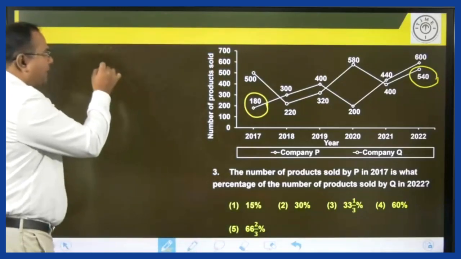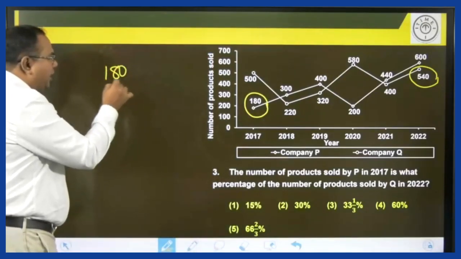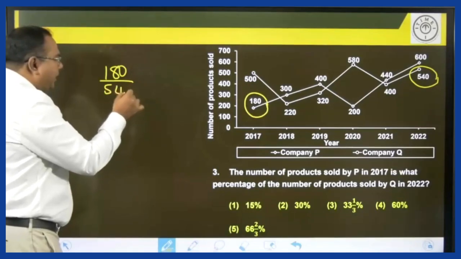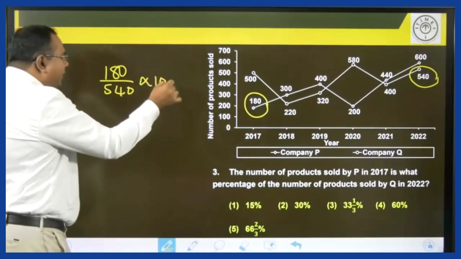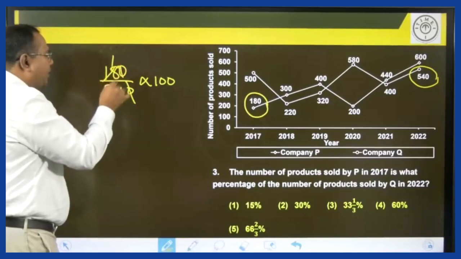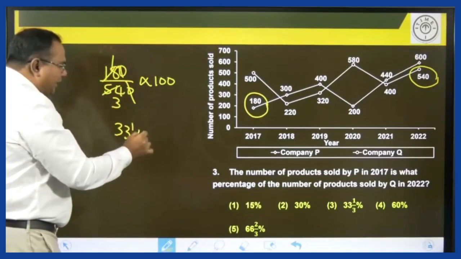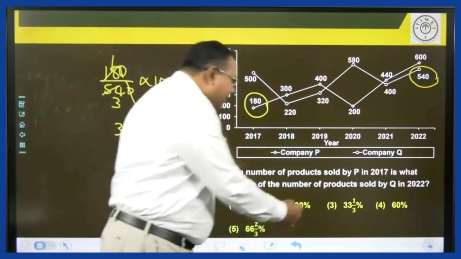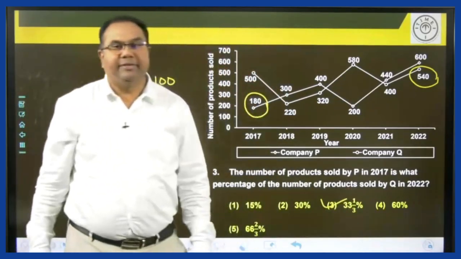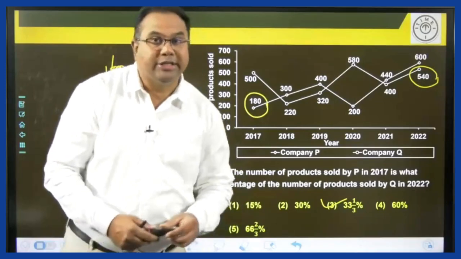So, P is what percentage of Q? P 180 upon Q 540 into 100. 180 by 540 is nothing but 1 upon 3. 1 upon 3 is 33 1 by 3%. 33 1 by 3% is present in choice 3.